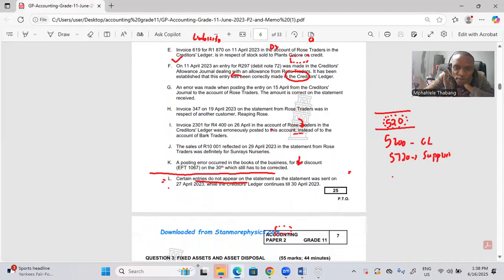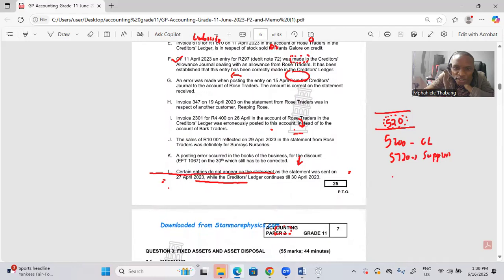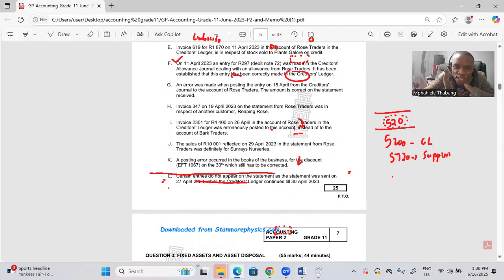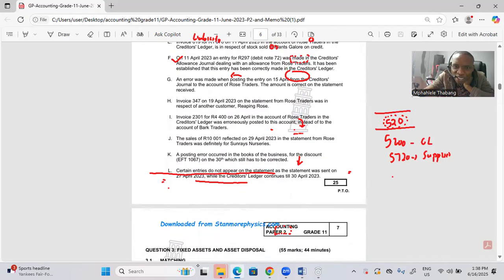That was GH. Invoice 347 on 19 April 2023 on the statement from Rose Trader was in respect of another customer. So what they are talking about is invoice 347 on the statement, and they also gave us the date.